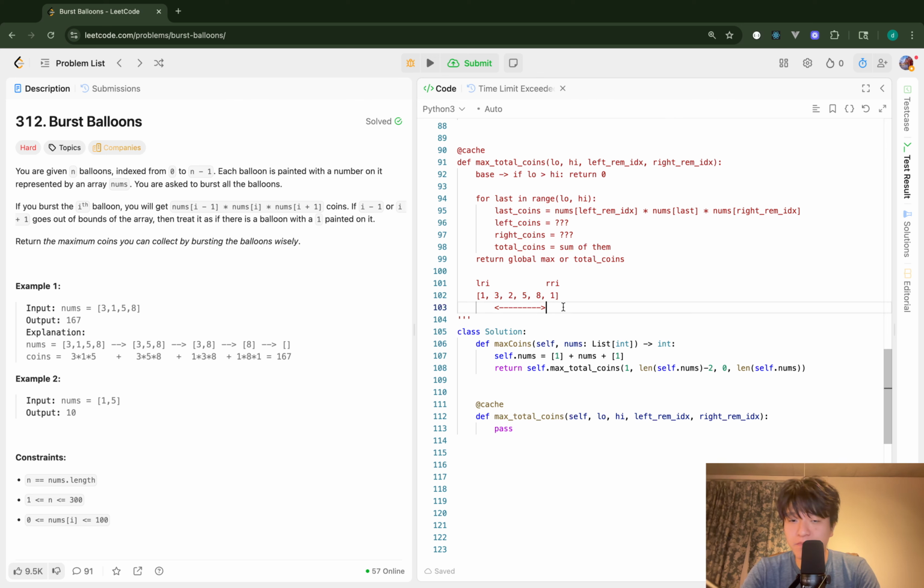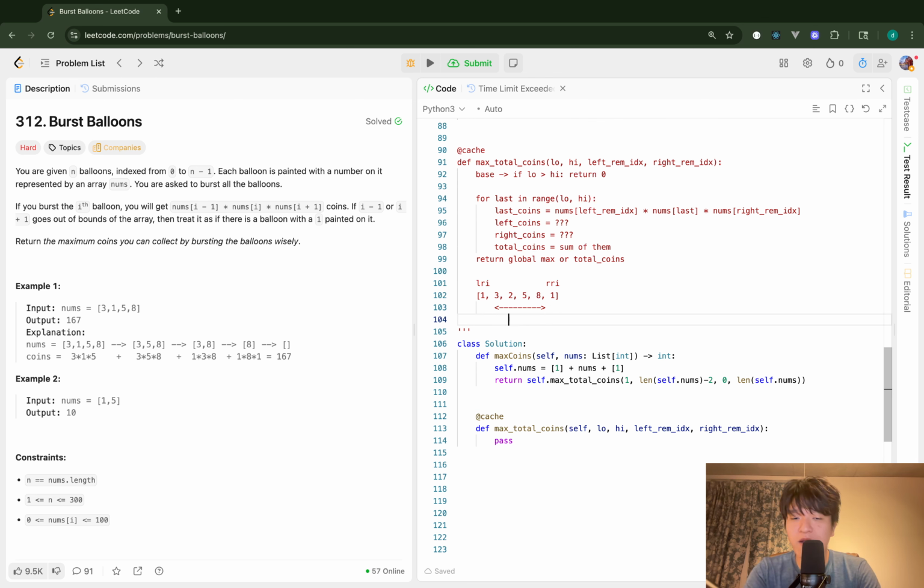And I will quickly explain why I can choose this index 0 as the left remaining index first. Because if I choose this as the last index, I can calculate the number of coins I can get by bursting this number 2 by 1 times 2 times 1.